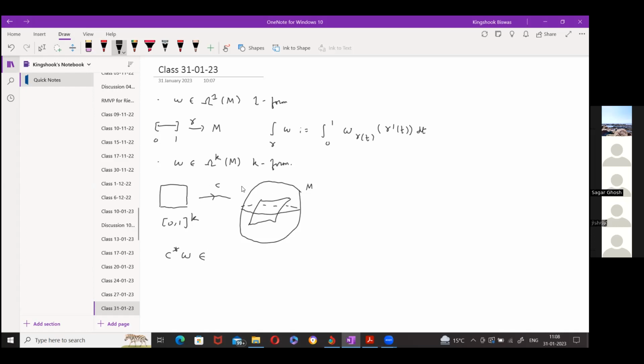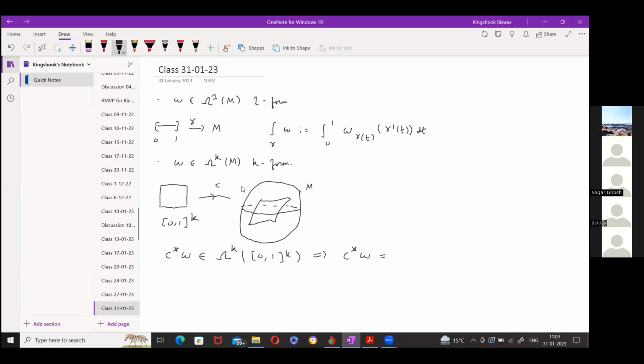This is a K form on the unit cube. And so it's a K form in K dimensions. So pointwise, at each point, it's going to be a multiple of dx1 wedge dxk.